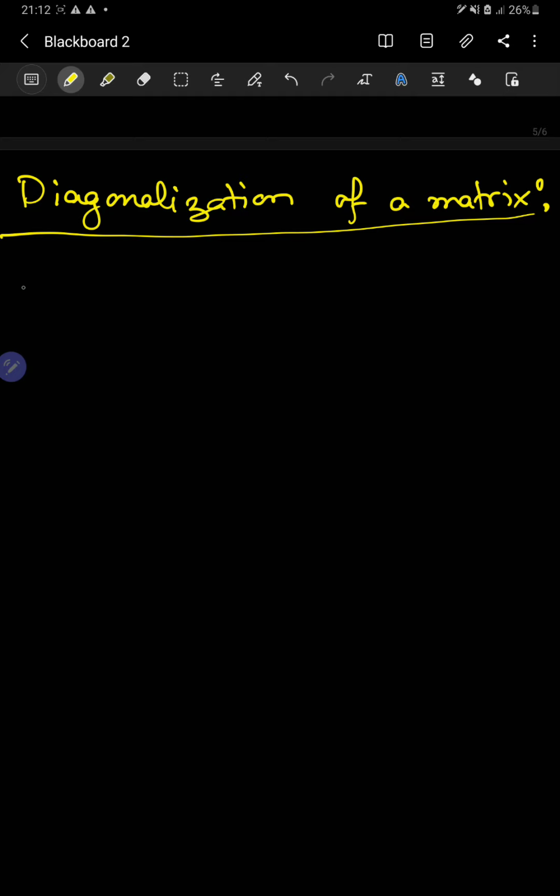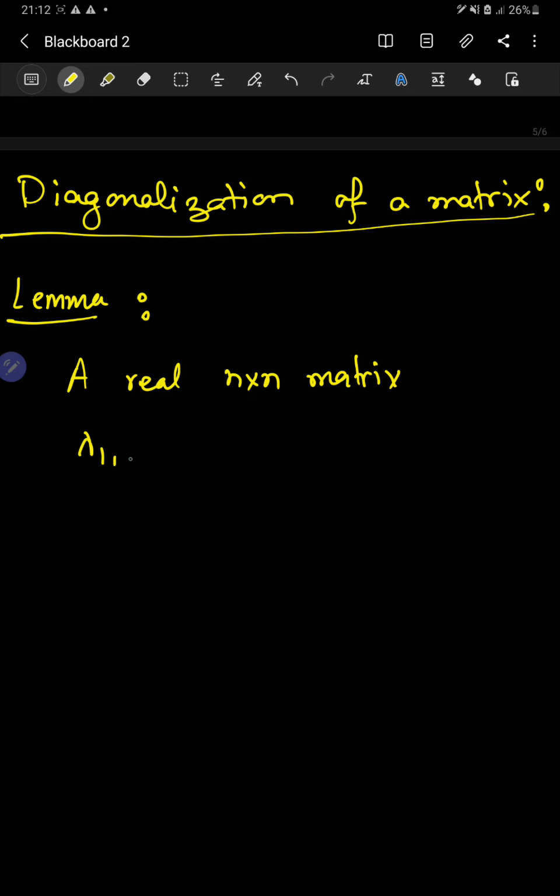So there's a lemma. I'll write it like this. If you have a real n cross n matrix A, and let's say lambda 1 through lambda n are the eigenvalues.